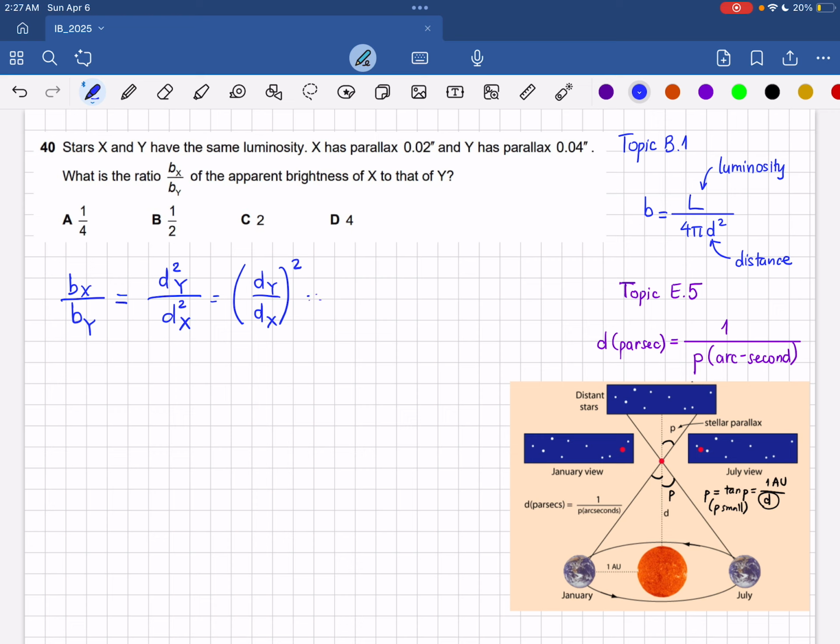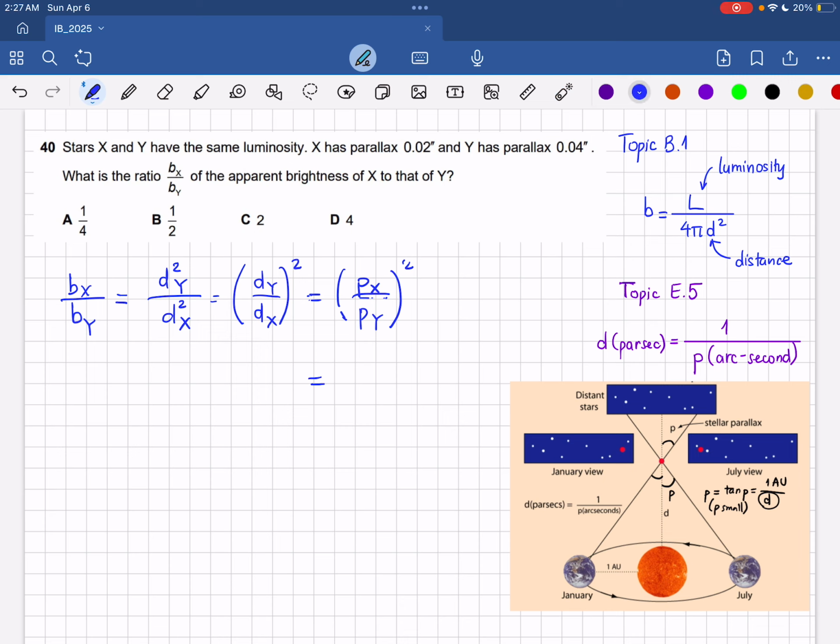So I will have another ratio, p of x over, oh my bad, this is my Apple Pencil. Sorry about that. Then that just gets flipped: x here, y here. Now basically we have the values, right?